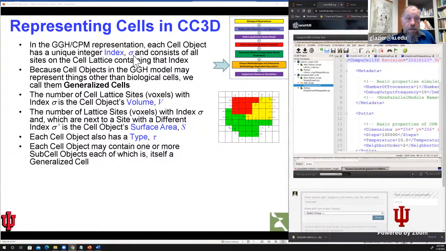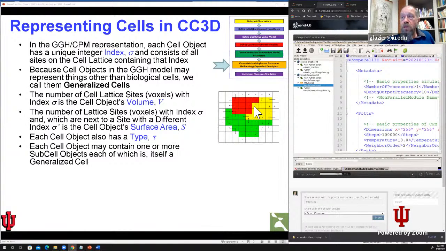And some of the terminology is borrowed from physics, which isn't necessarily so meaningful in a biological context. But in any case, by default, when you give the cell index, you use the Greek letter sigma, lowercase sigma, for the index.